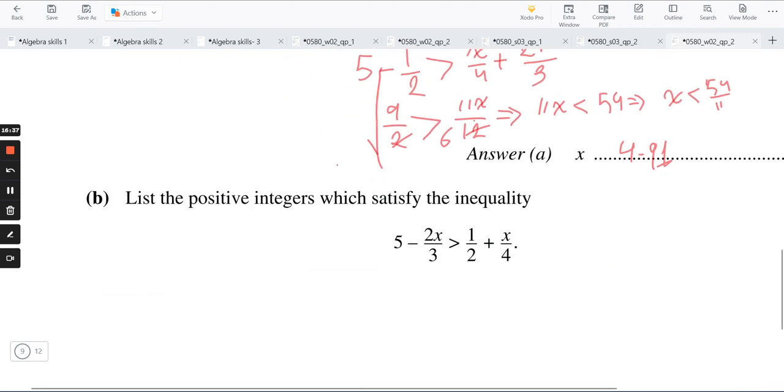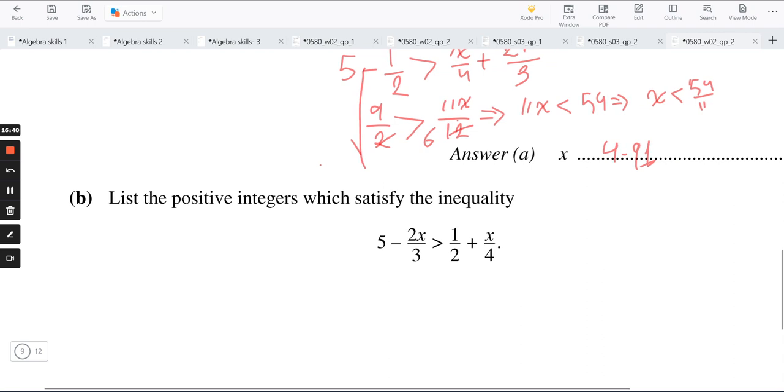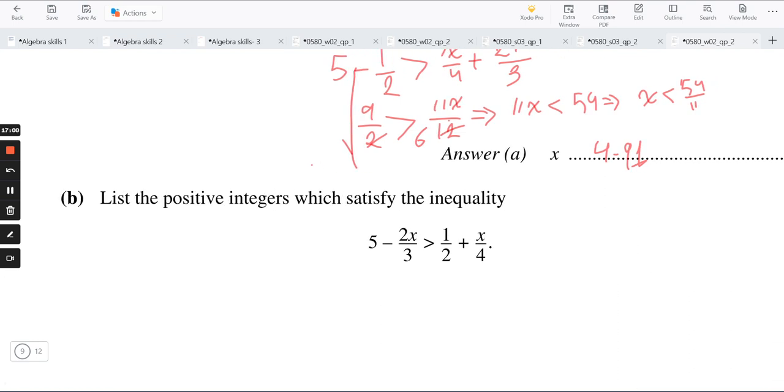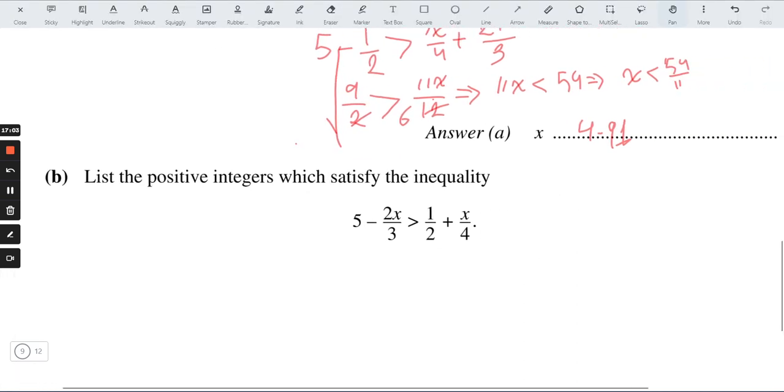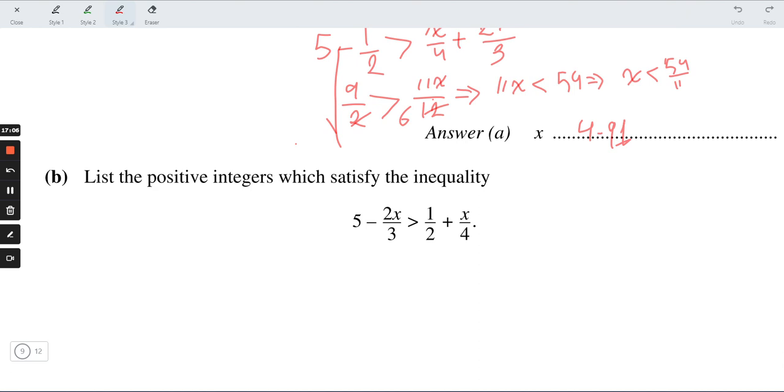Now, question B: list the positive integers which satisfy the inequality. The positive integers that satisfy this inequality, after solving it. We know that x is less than 4.91, so all values of x should be positive integers, that means starting from 1: 1, 2, 3 and 4.